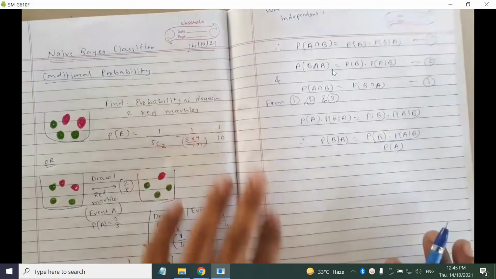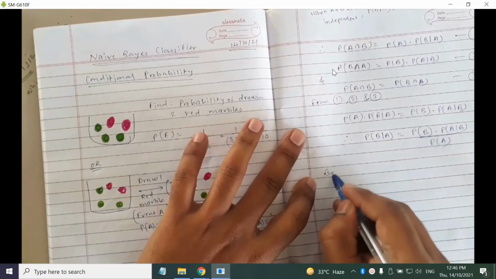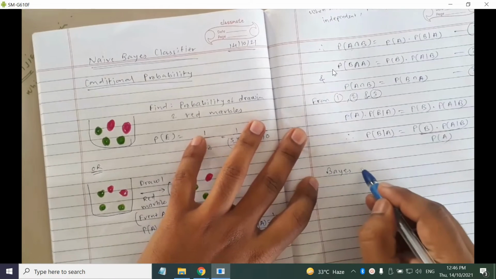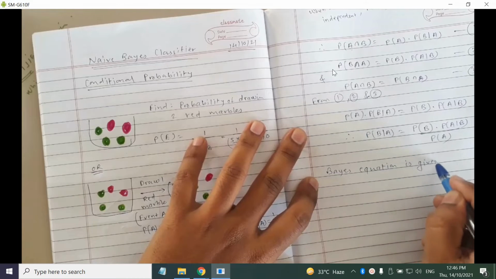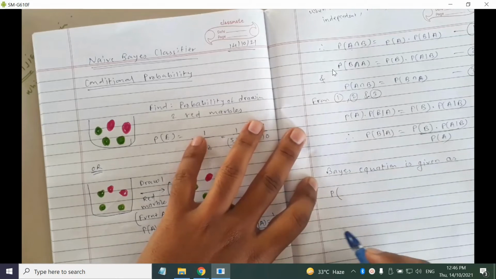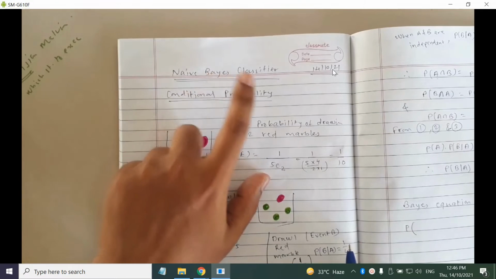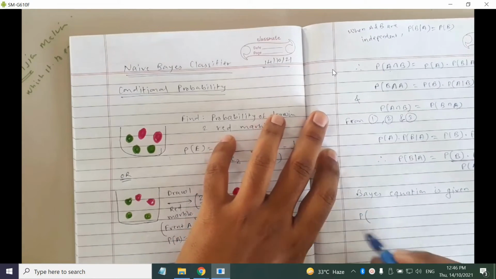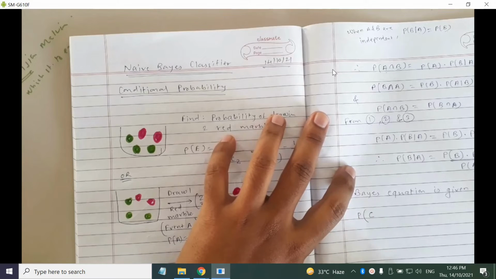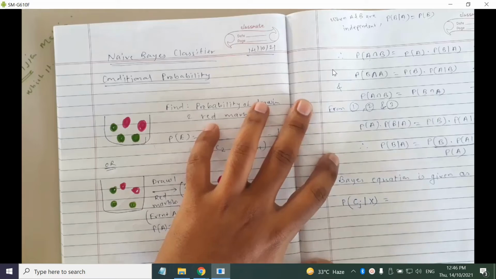Okay, now we'll modify this to our machine learning problem. So we are utilizing this Bayesian equation for classification. We want to determine the class of a given sample, right? So probability of class, let's call that Cj, the jth class, given the sample.